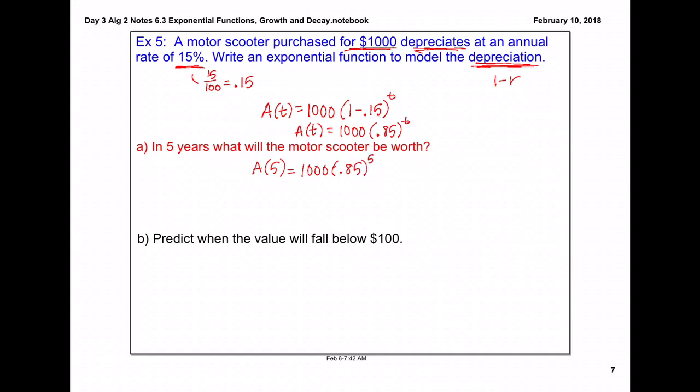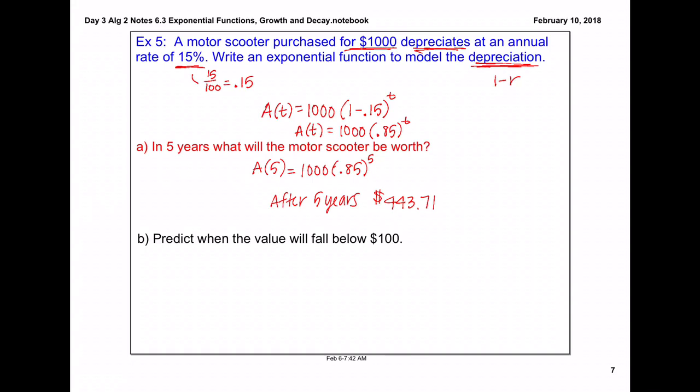When we plug this into our calculator, after 5 years, our scooter will be worth $443.71.